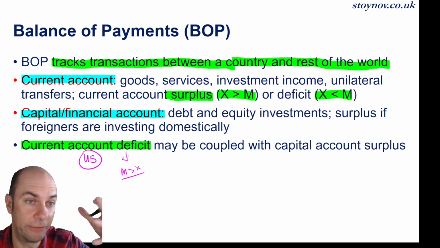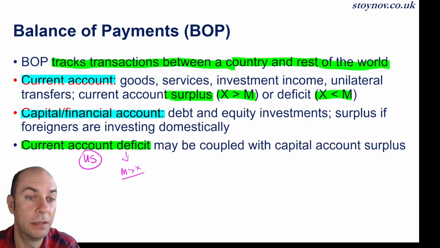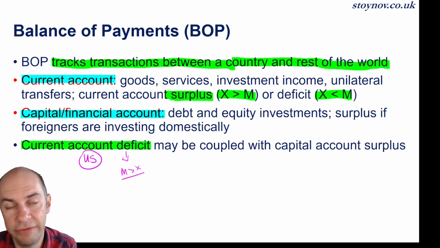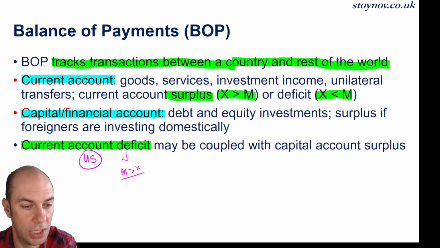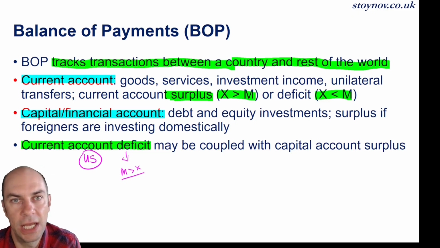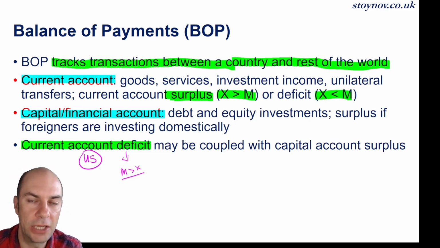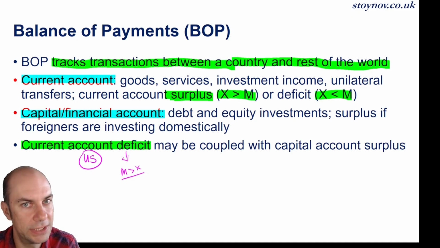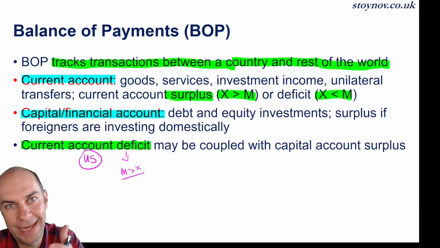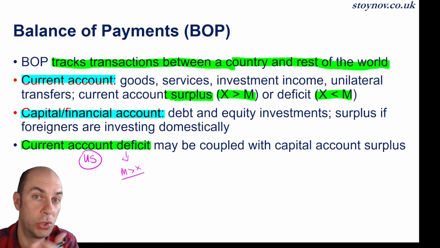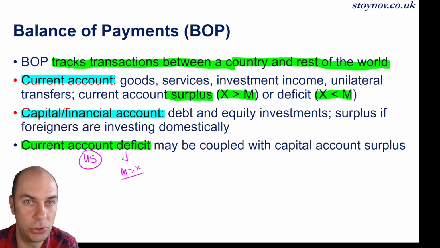So from the point of view of America, those dollars are going to flow back into the country, giving America a capital account surplus. The point we're making is that often you will see a country has a current account deficit because it's importing more than it's exporting, and that is then counterbalanced by a capital account surplus because foreigners are lending to that country.